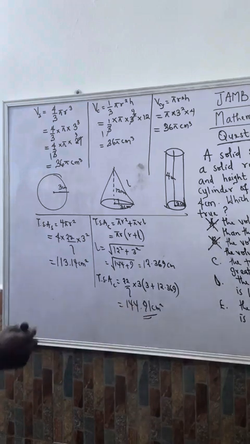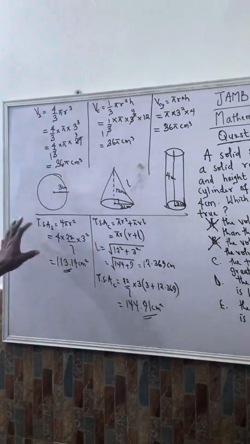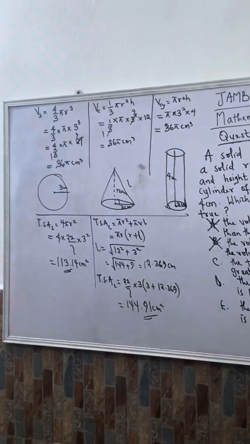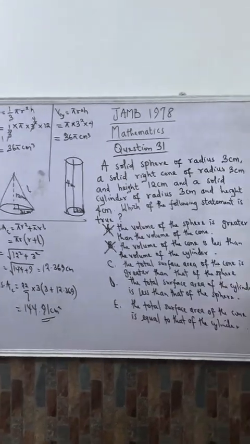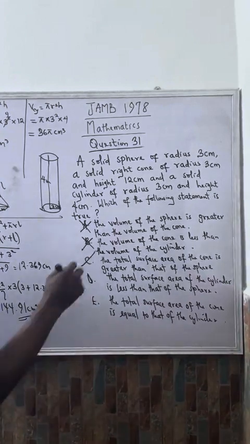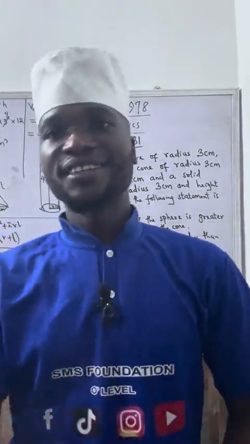This is the total surface area of the cone, but the total surface area of the sphere is 113.14. So that of the sphere is less than that of the cone. Let's check option C: the total surface area of the cone is greater than that of the sphere. Option C is the correct answer. Thank you. God bless you.